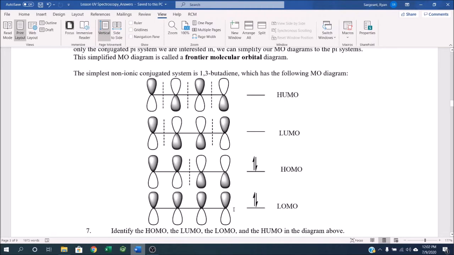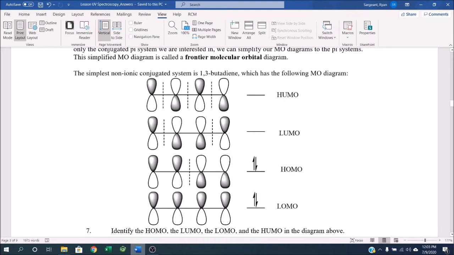1,3-butadiene has 4 sp2 hybridized carbons. Each of those sp2 hybridized carbons has an unhybridized p orbital that is directly involved in the conjugated pi system. If you have 4 atomic orbitals, then you should generate 4 molecular orbitals. So we have this 4x4 grid where the bottom 2 orbitals are net bonding and the top 2 orbitals are anti-bonding.